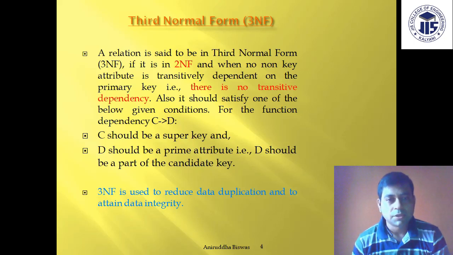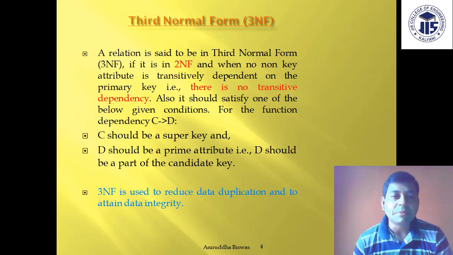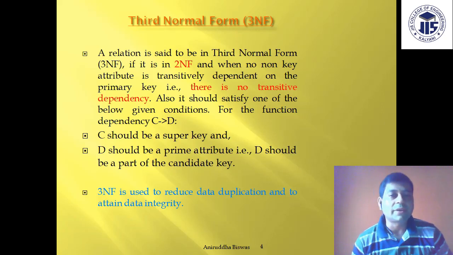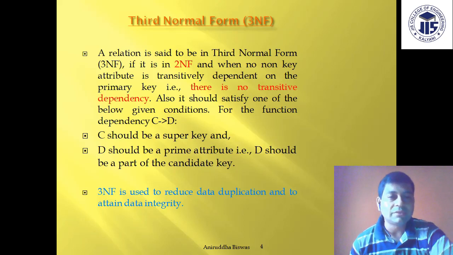It must be in 2NF and no non-key attribute will be transitively dependent on the primary key. What it means is that there is no transitive dependency. And it should also satisfy one of the conditions given below.